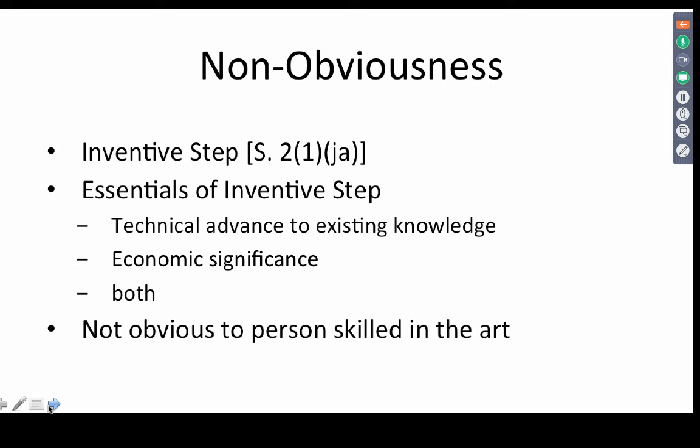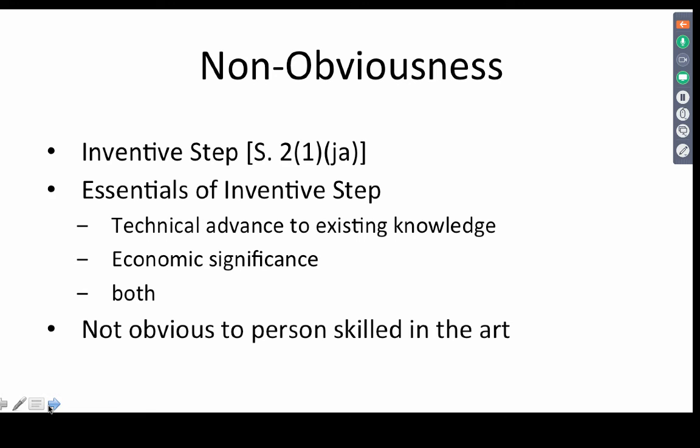So this is the most potent ground because it brings in something as enigmatic as the knowledge of a person skilled in the art. It's not defined anywhere. You don't say that it's just the published knowledge, which is something you will look for in the novelty test.